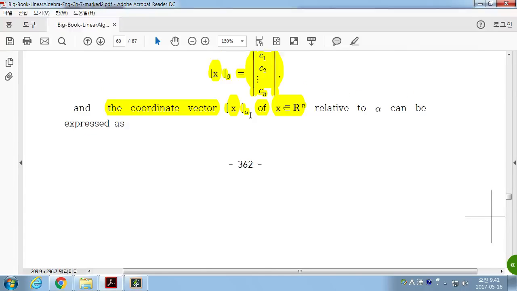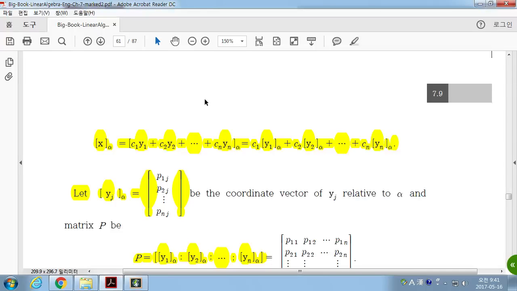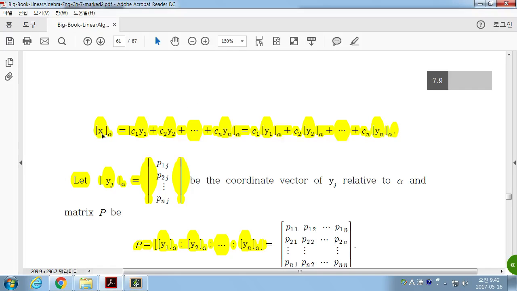Next, think about the coordinate vector of x with respect to the basis alpha. How should it be? Think about it. The coordinate vector of x with respect to alpha can be written as this, isn't it? x is a linear combination of the ci's and yi's like this, a summation. So this can be split like this from the property of the coordinate vector.